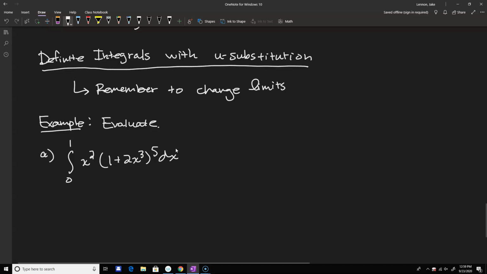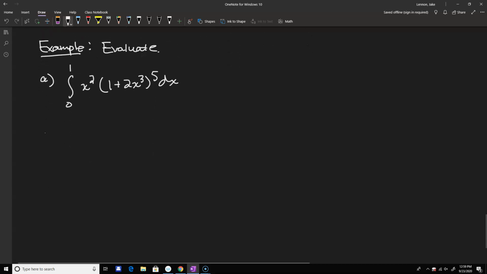I think we actually did this integral already, but now it's a definite integral, so the u substitution here is straightforward. U is equal to 1 plus 2x cubed. Du is equal to 6x squared dx. So du divided by 6x squared is equal to dx.